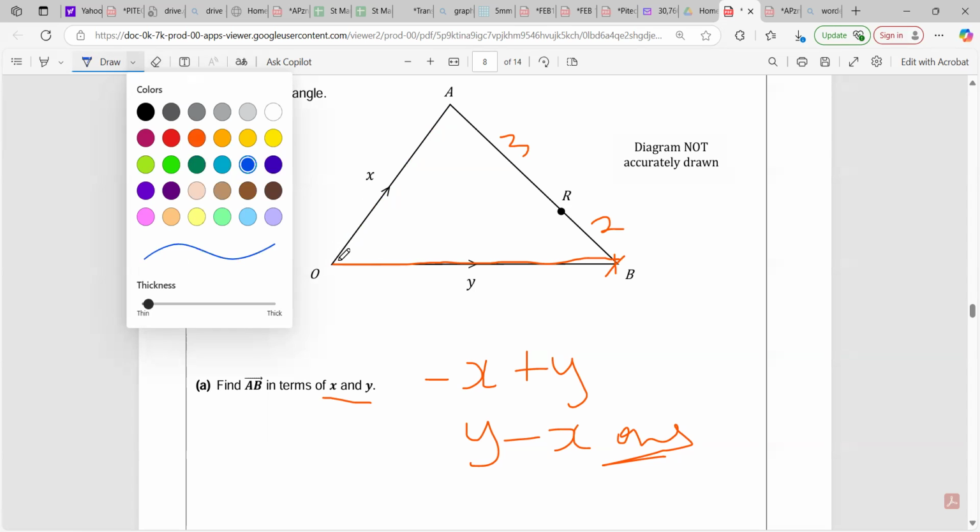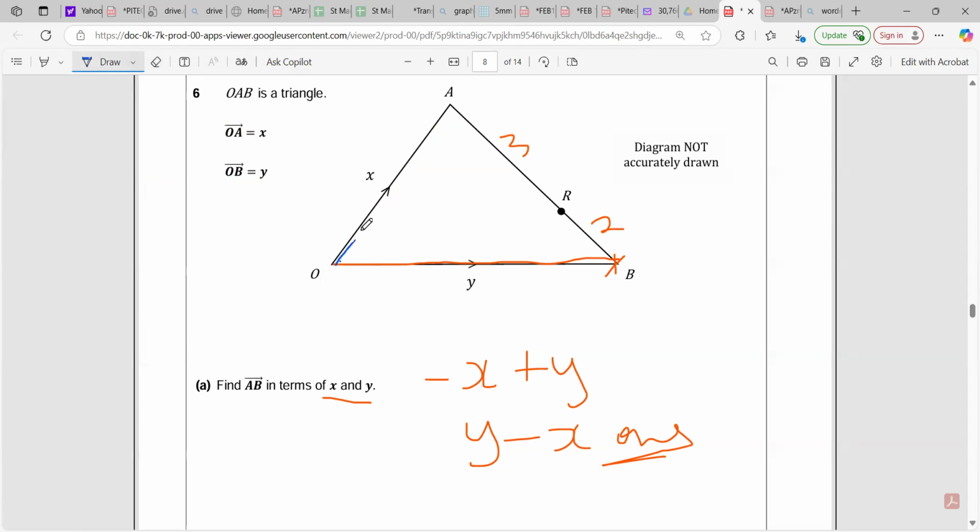So we can take this route from O to A and then from A to R. Bear in mind we got this to be what? Y minus X. So that's gonna come into play. So this measurement is for the entire thing of Y minus X, not just the AR, the entire portion of it. So remember that.